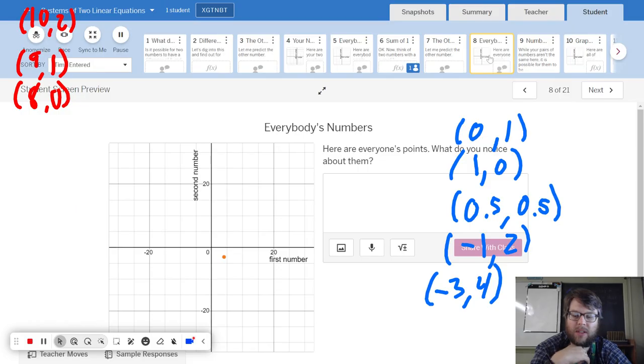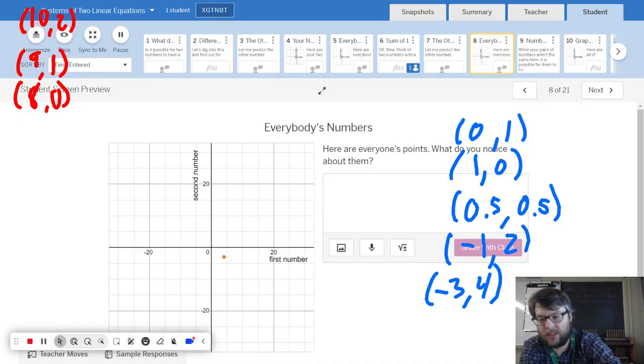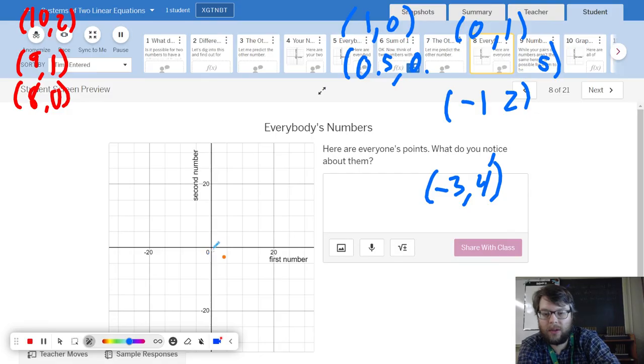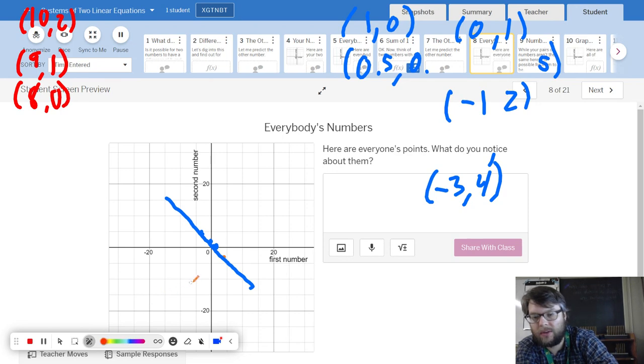If everybody did those points there, we would see another line. I can show you that with actually doing some of these dots here. If we do 1, 0, 0, 1, negative 3 and 4, you see that those are going to line up like this. My other ones, the red ones, where I had 10 and 2, are going to line up like this here.